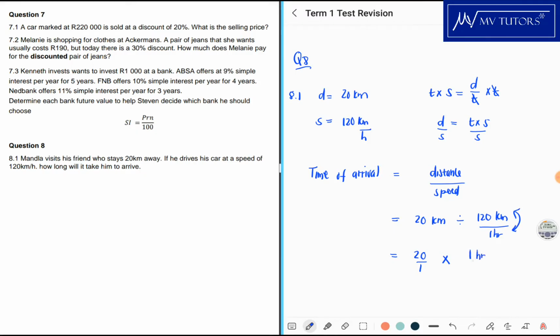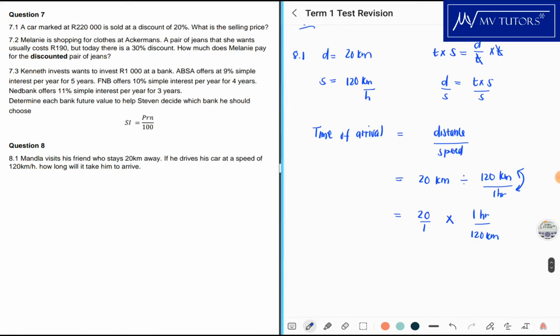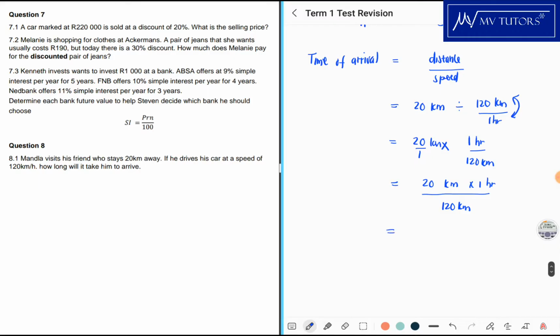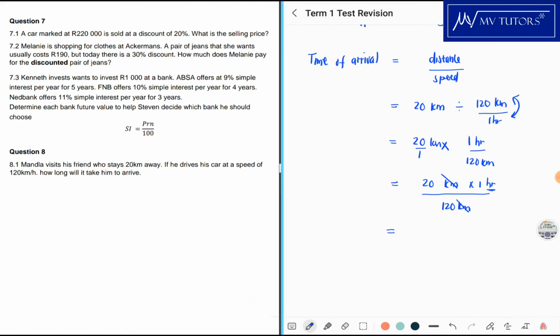So I have 20 kilometers times 1 hour divided by 120 kilometers. The kilometers cancel out, and I'm left with time, which is in hours.